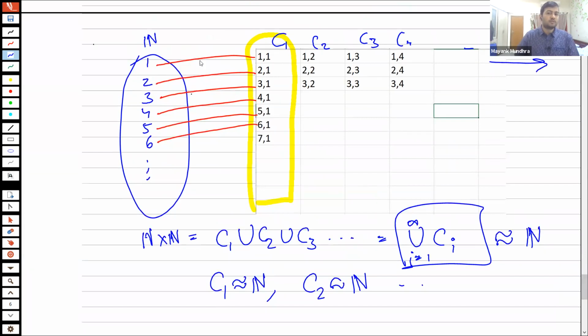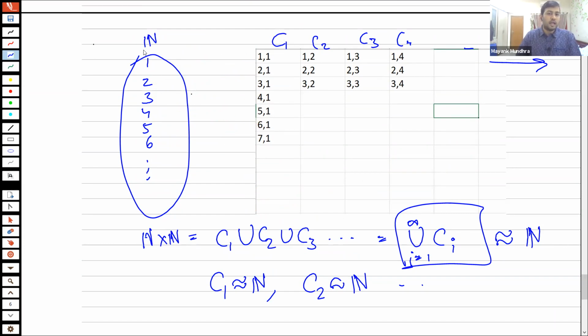Now showing that one of the columns has the same cardinality as natural numbers is very easy. The more difficult thing is showing the cardinality between n and n cross n is the same. So I want to construct a one-to-one onto map from this set to this set. Notice that I can construct a one-to-one onto map between natural numbers and any set if I can rank the elements in that set.